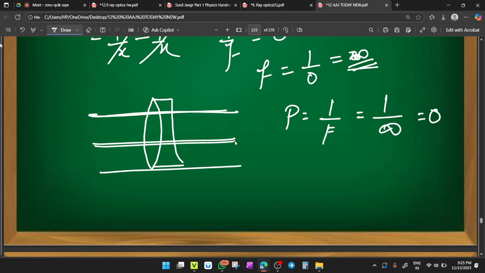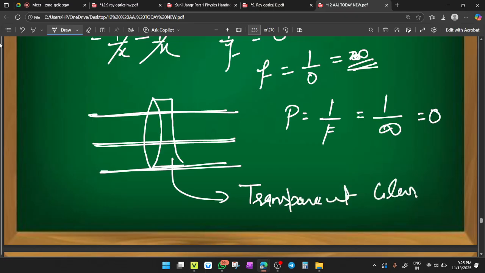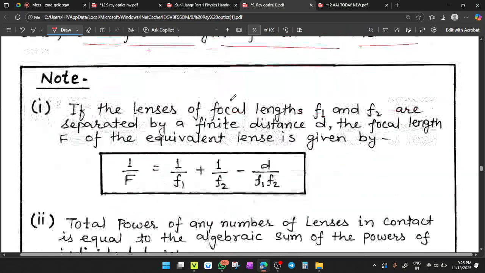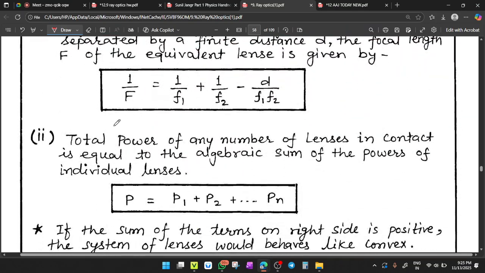So this combination of lens behaves like a transparent glass slab. Got it? So when f1 equals f2, the combination would behave like a plain glass plate or transparent glass slab. No refraction at all. Clear or not clear?